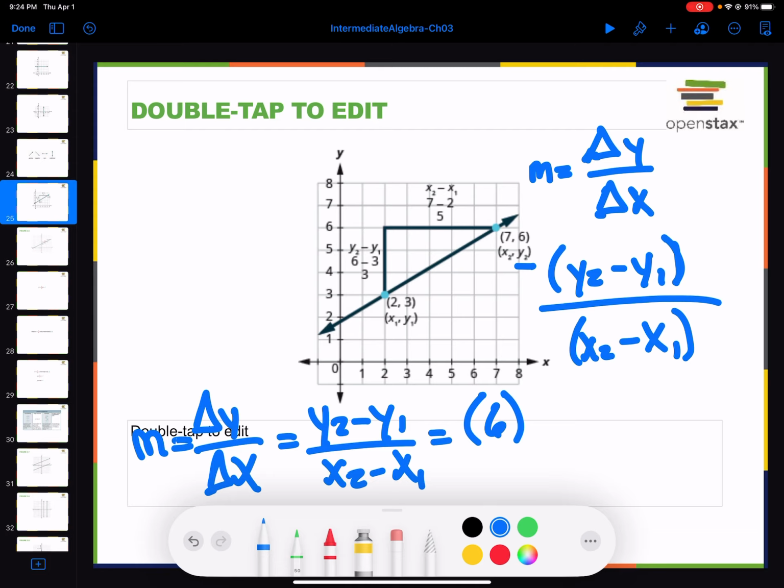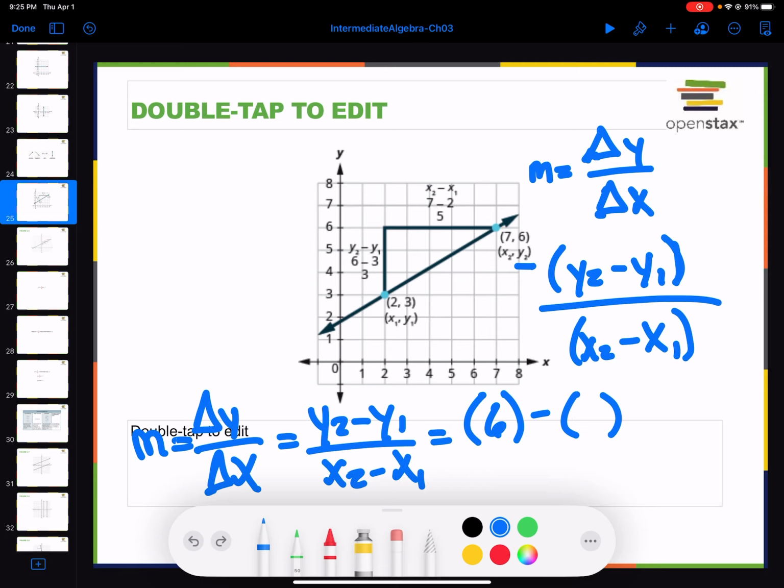In this case, we don't have any negatives, but this is the most common mistake I see, where somebody puts a negative here, and then the next number is not a negative when it should have been. So if you can, get in the habit of putting the y2, y1, x2, x1s in parentheses. That'll help you eliminate any of these negative sign errors.